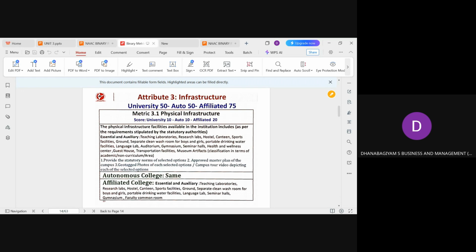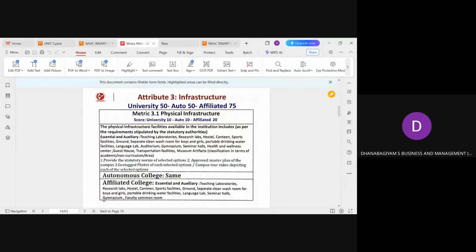It can be the teaching laboratory, research labs, hostel, canteen facilities, sports facilities, ground, separate clean washrooms for boys and girls, potable drinking water facilities, language lab, auditorium, gym, seminar halls, health and wellness center, guest houses, transport facilities, museum, artifacts, classification in terms of academic and non-academic area.